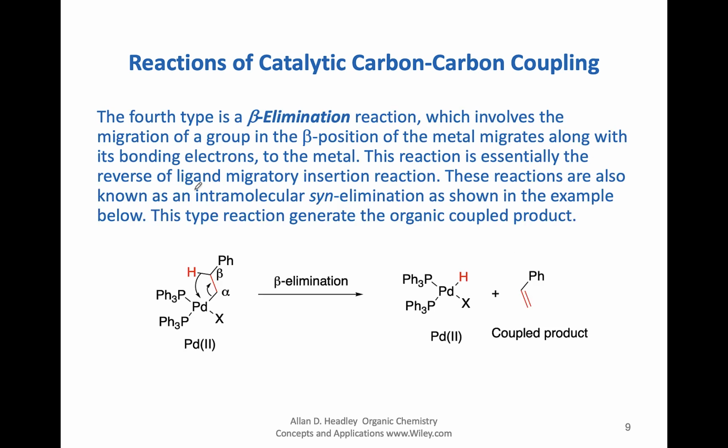Let us look at the fourth type. The fourth type here is the beta elimination. It's actually the opposite of the migratory insertion, the reverse. So let's see what that looks like. So now that we have created the migratory insertion from the previous slide, what happens next is there's a beta elimination.